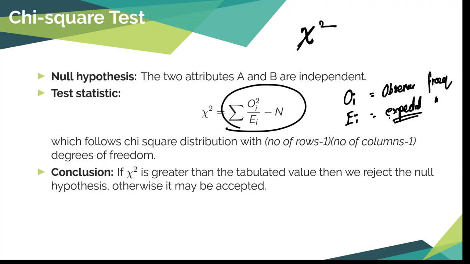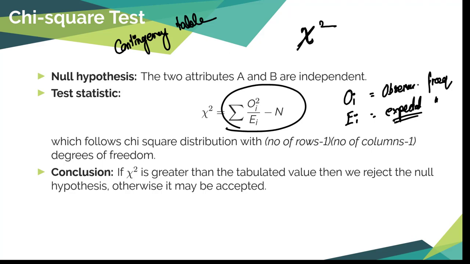So the first task here is to set the null hypothesis. The next task is to prepare a table. The table is called a contingency table, right? You will have to prepare a contingency table from the given data, or from the observed frequencies.